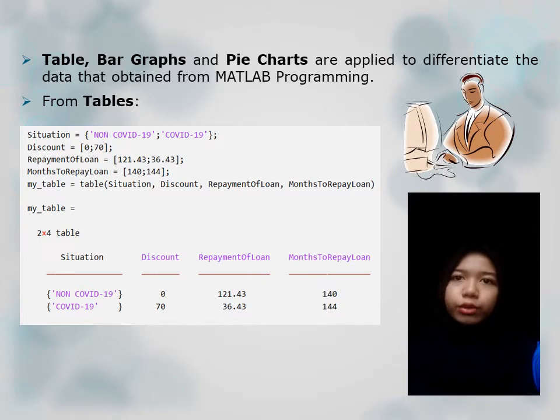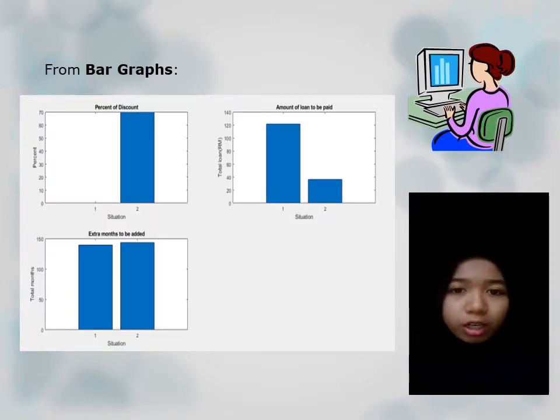There are about 144 months that PTPTN holders need to settle due to COVID-19 and 140 months as usual during the failure of COVID-19. Three different paragraphs to give different information about two situations.